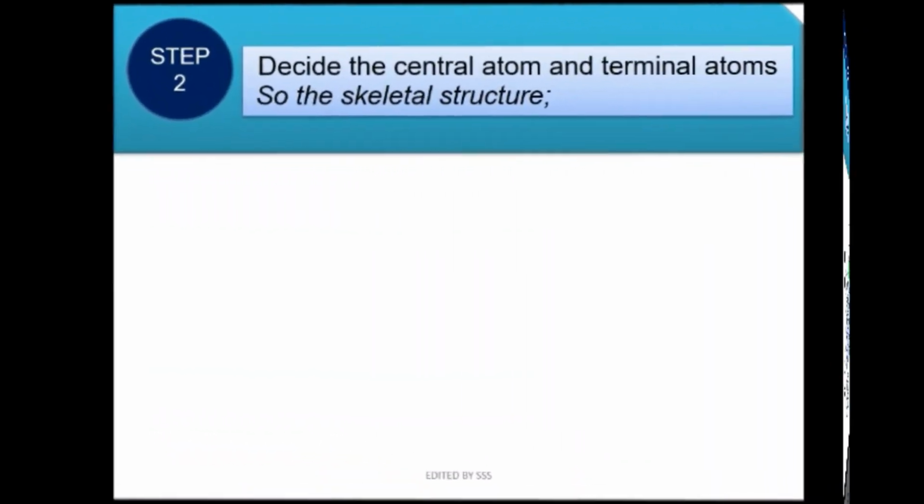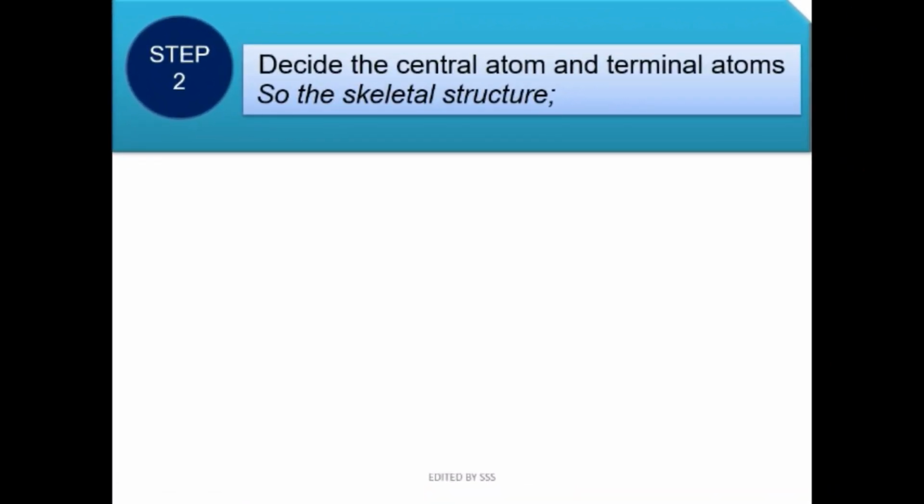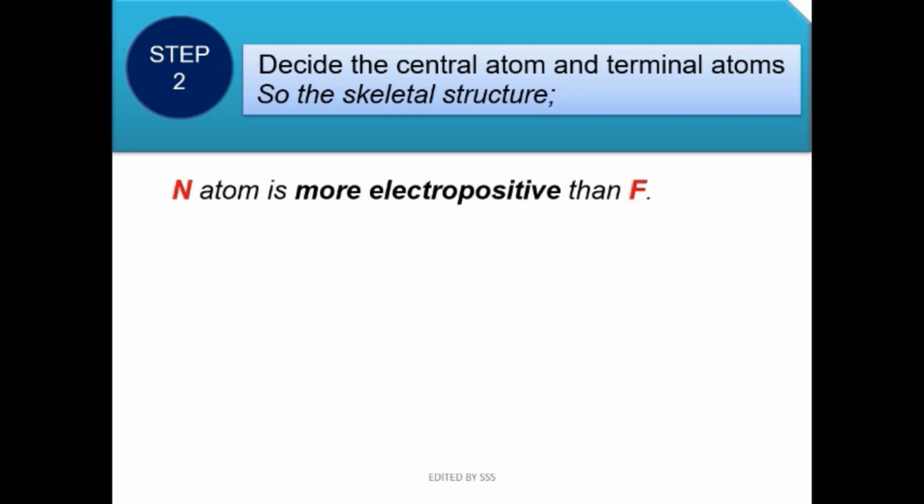Step 2. Decide the central atom and terminal atoms. Nitrogen atom is more electropositive than fluorine. Therefore, we choose nitrogen as the central atom, while fluorine as the terminal atom.